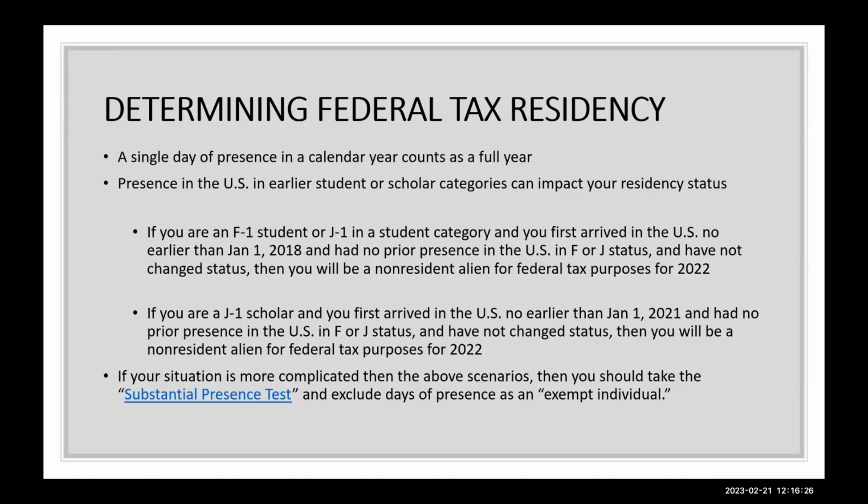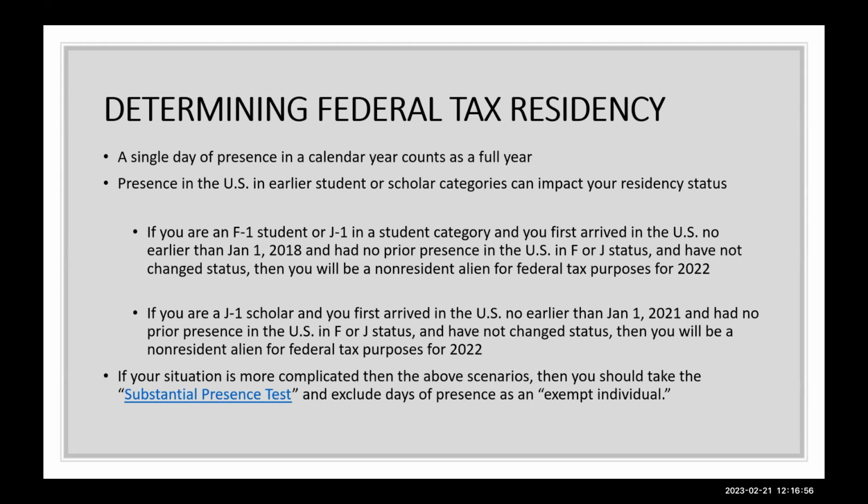So some things to know about when looking at your tax residency status. A single day of presence in a calendar year counts as a full year. So say you arrived in the United States on December 20th of 2021. Well, then that means you were here in 2021.